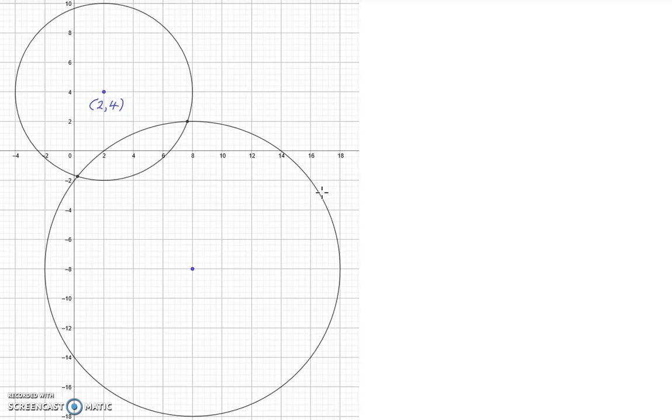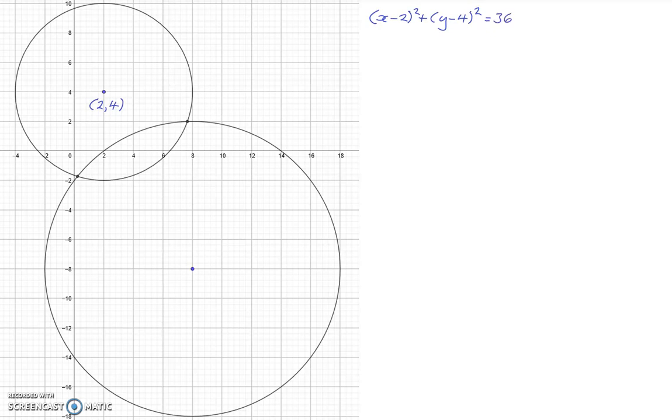So the equation for the smaller circle is going to be x minus 2 squared plus y minus 4 squared equals the radius, which is 6 squared, 36.